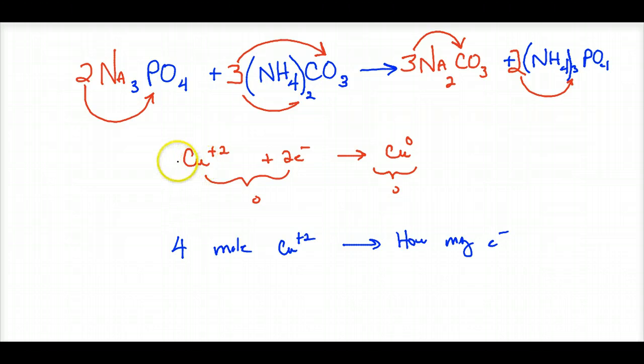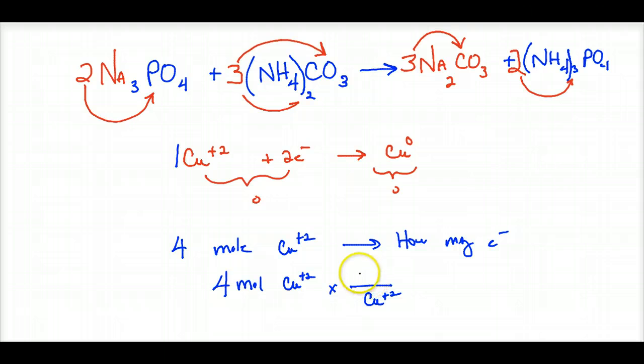Well, look at the ratio. For every one of these, there's 2. So if I put 4 moles of copper plus 2, I want to get rid of copper plus 2 on the bottom, and I know that there's 2 electrons. Notice it looks very similar. 4 times 2 is 8 moles of electrons.